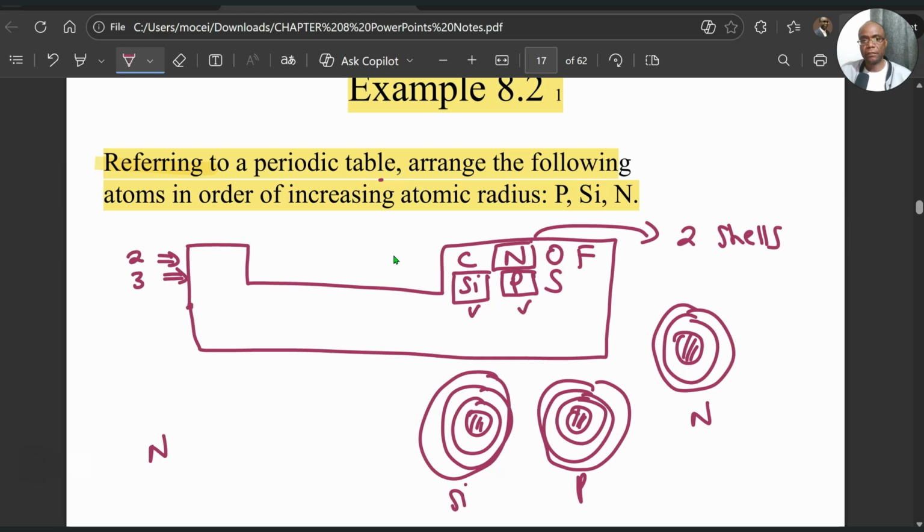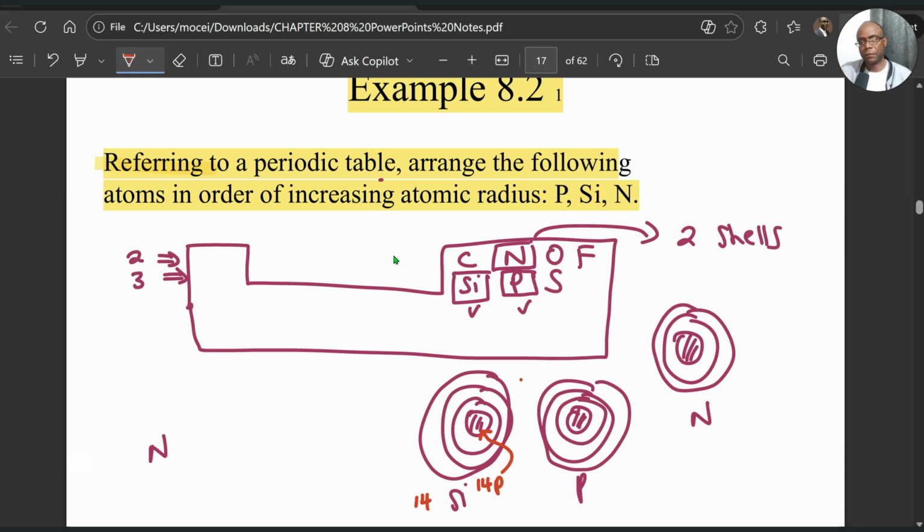Now, in terms of silicon and phosphorus, we say that as you go to the right, the number of protons is increasing. Silicon has atomic number 14, meaning 14 protons in the nucleus.